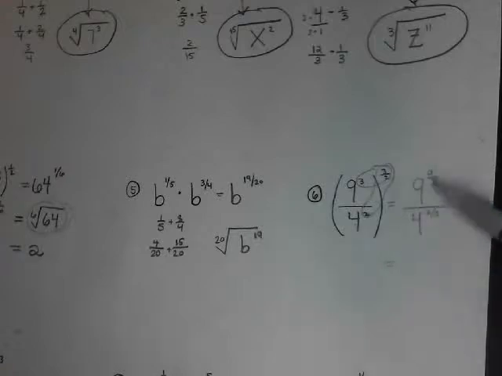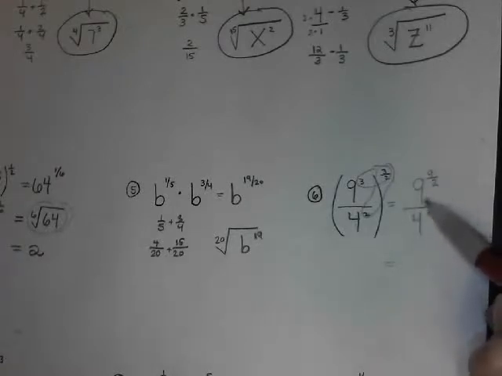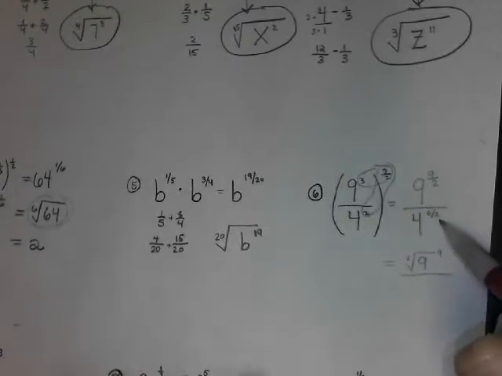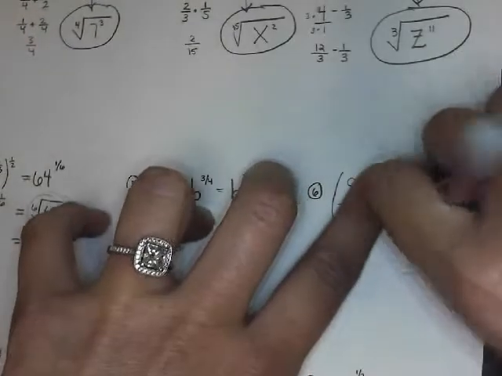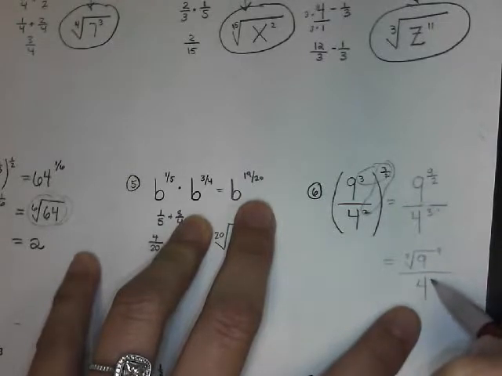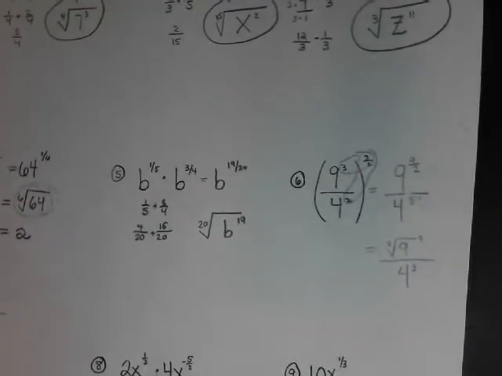So this would be the square root of 9 to the 9th power over, now this 6 over 2 is the same thing as the whole number 3. So I could just put that as 4 to the 3rd power.